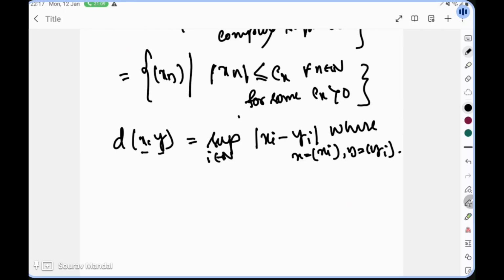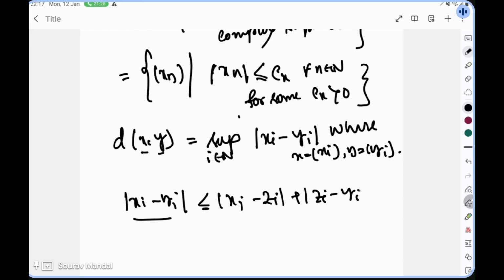Now, if you are considering the third condition, for each x_i minus y_i, this strictly follows from the triangle inequality, which holds for all i belonging to n. So you can define the supremum of |x_i minus y_i|.